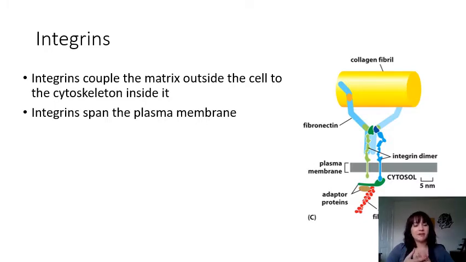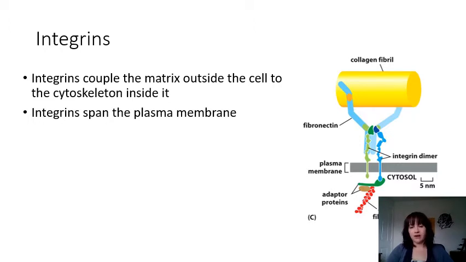And we talked about fibronectin earlier, right? Fibronectin is also critical to this cell attachment to the extracellular matrix. So both integrins and fibronectin are responsible for helping cells to attach to their surroundings, particularly to collagen in the extracellular matrix. You can see here we have integrin proteins functioning as a dimer, and they are spanning the bilayer of the cell membrane.